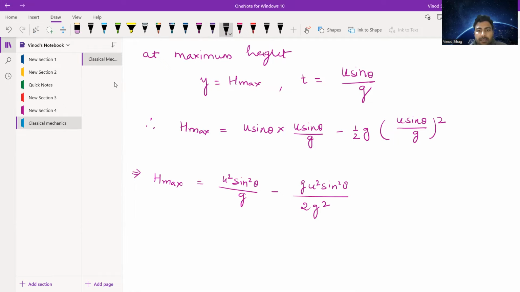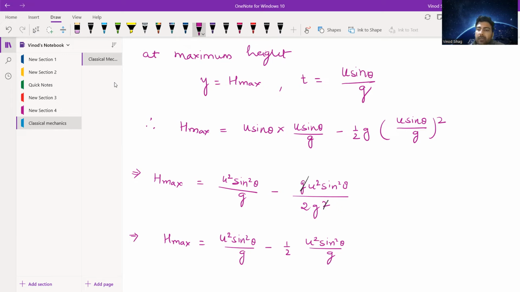From here we can cancel g and the square, so there will be only g. So h maximum equals u square sine square theta upon g minus half u square sine square theta upon g. You can see u square sine square theta upon g is common in both terms.